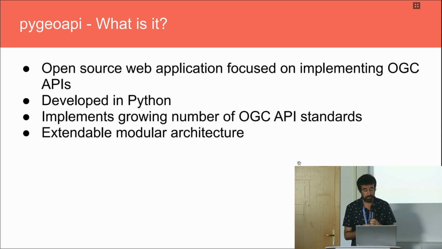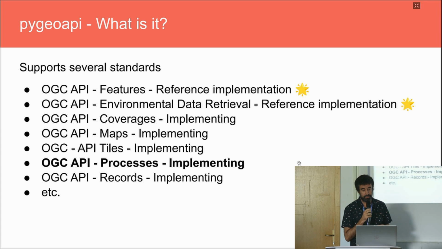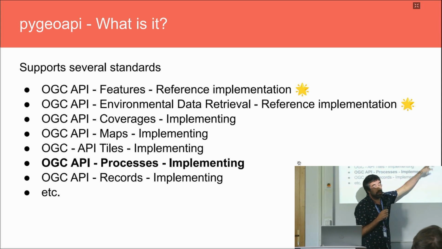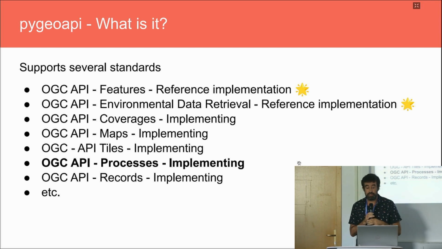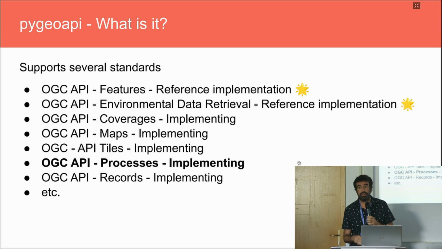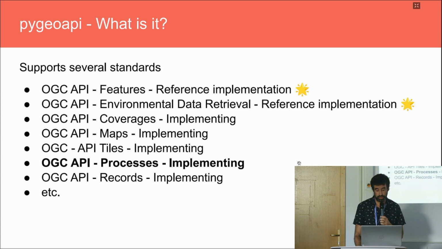It has a growing number of standards either implemented or being implemented, including our dear OGC API Processes, and some of which are becoming reference implementations, something that can really be used to showcase what the standards are and how to interact with them.